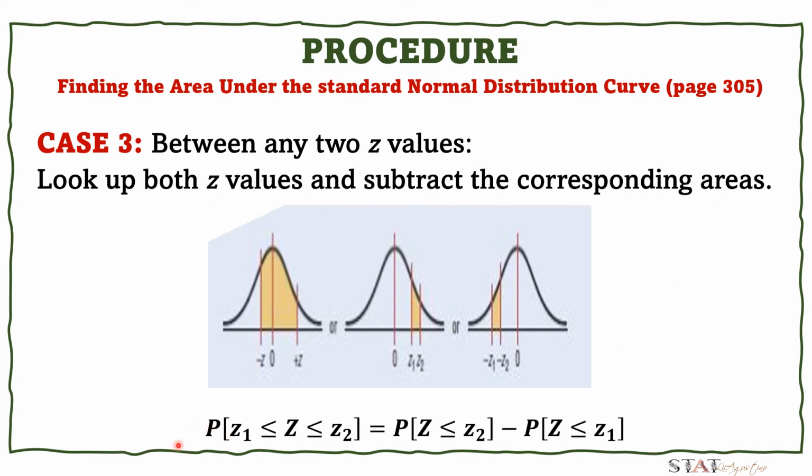Mathematically, you can present that as the probability of z1 less than or equal to z less than or equal to z2. This is equal to, you have to look for the greater z value first: the probability of z less than or equal to z2 minus the probability of z less than or equal to z1.